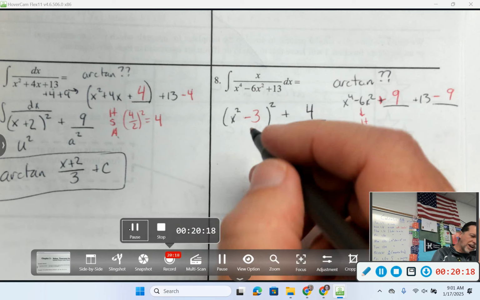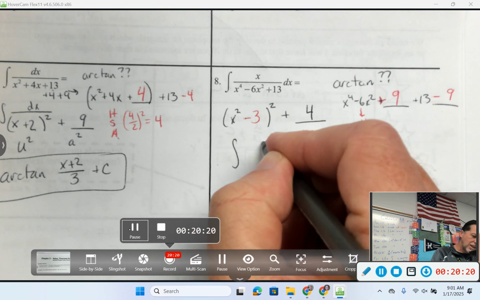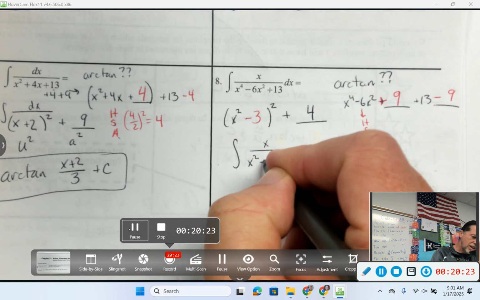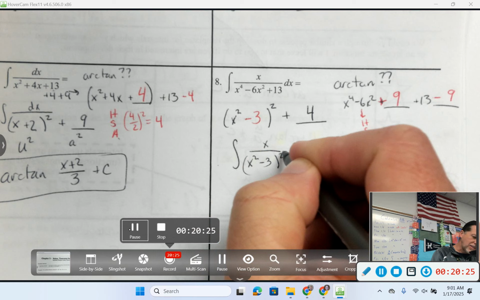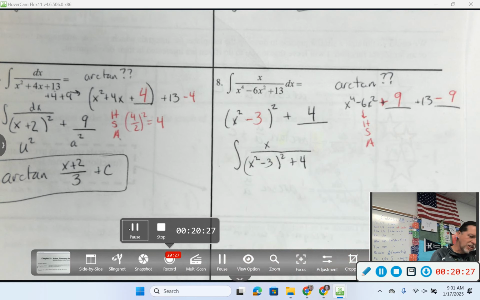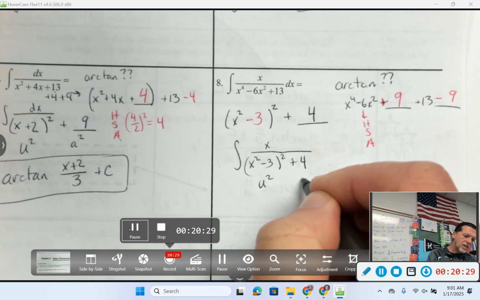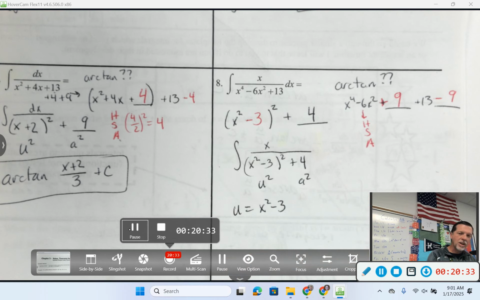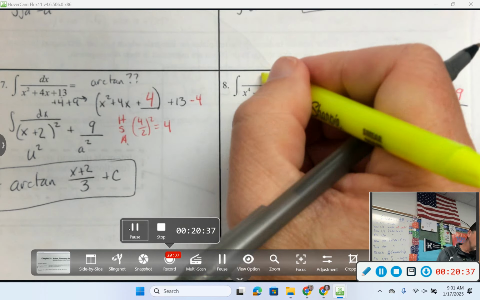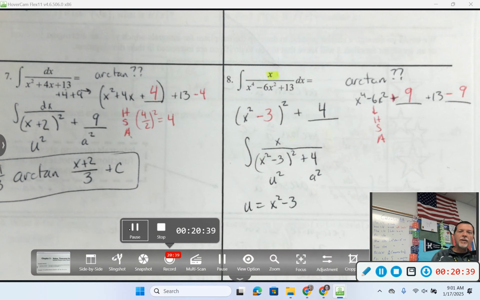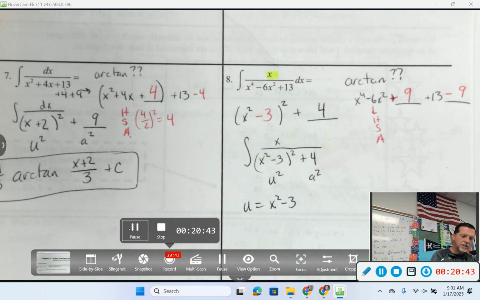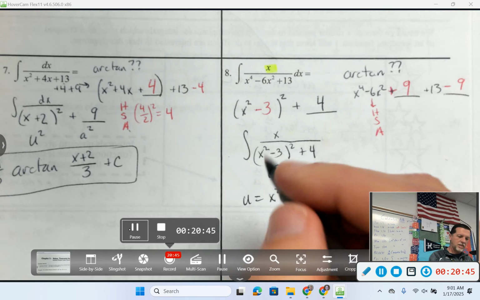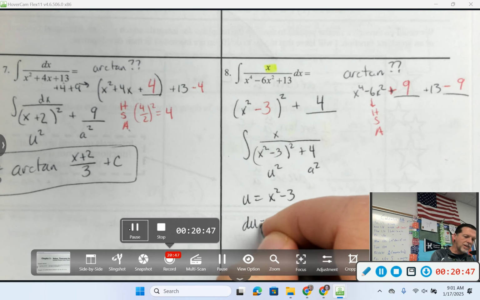So what should I let u be? If I think this is an arc tangent, then I need to let u be x squared minus 3. But that's okay, because there was this x floating in the top that I wasn't sure what was going on there. But now I see, why is that x there? Where did that come from? Yeah, du is 2x.